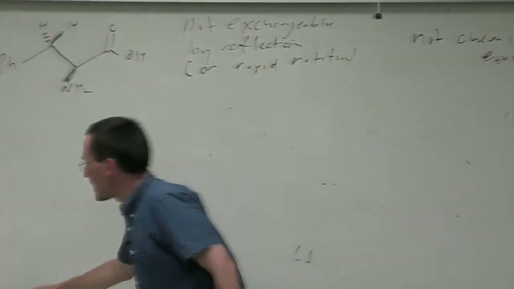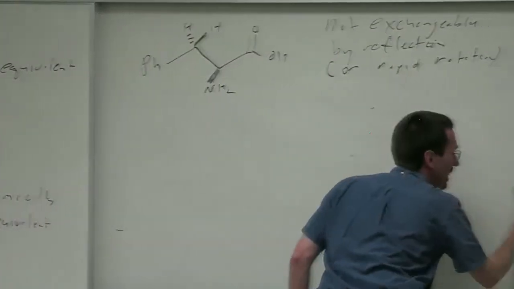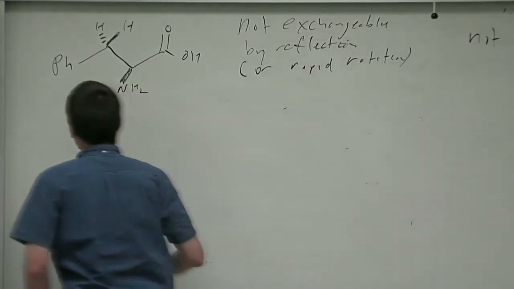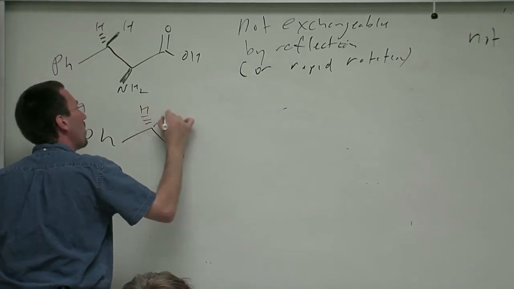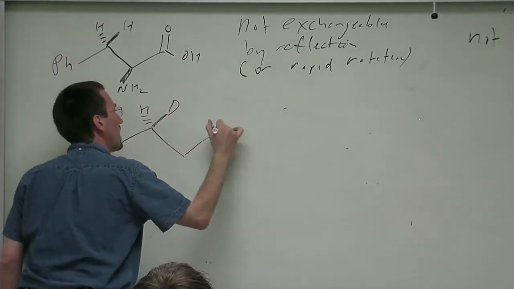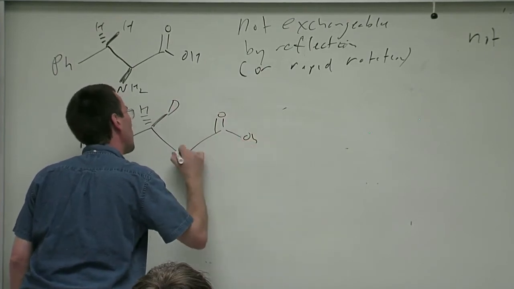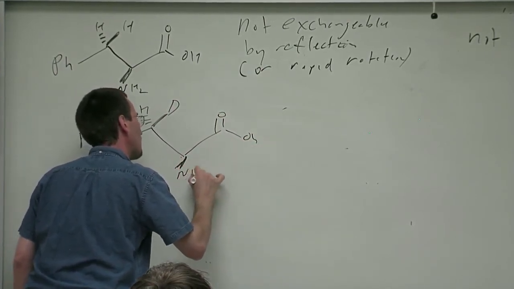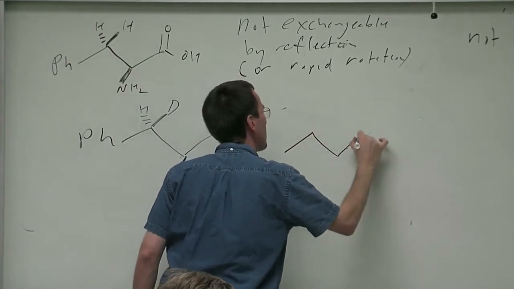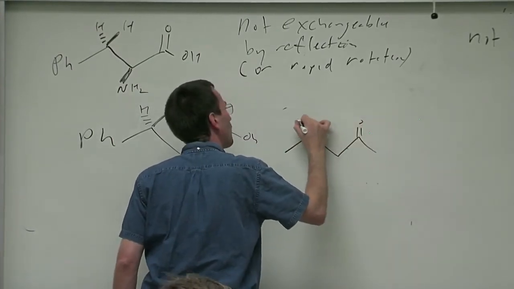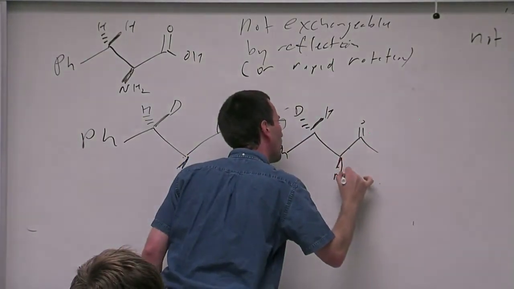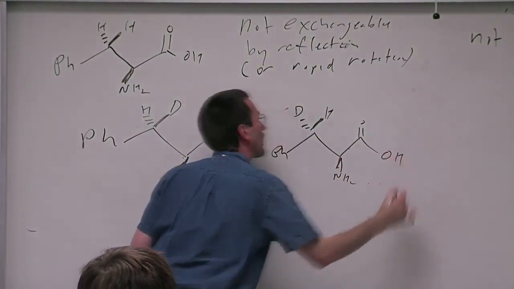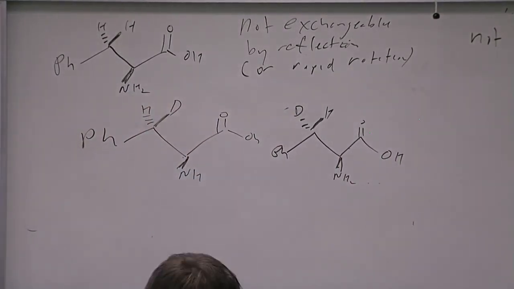And let's try our thought experiment here again, because sometimes things can get more complicated than you might anticipate. And so we'll take one, replace it with a deuterium, and we'll take the other and replace it by a deuterium. And we'll ask ourselves what the relationship of those two structures is to each other.